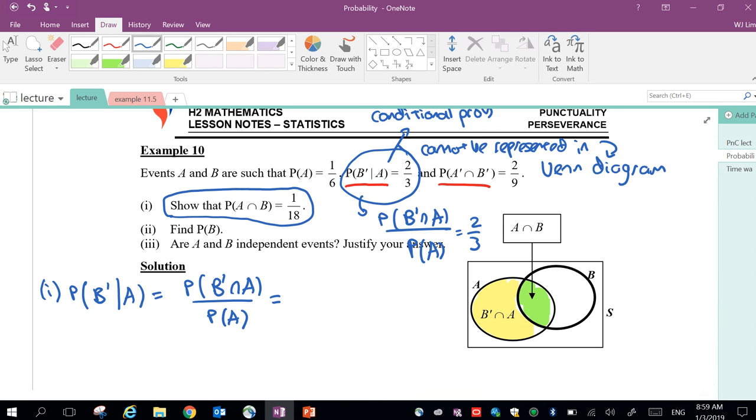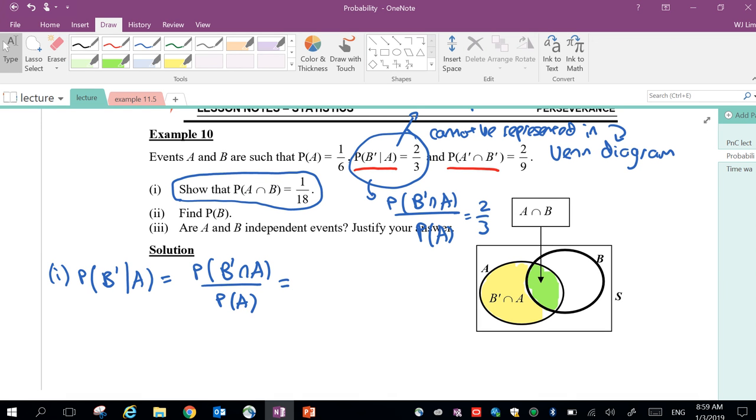So let's find what B prime intersect A is first. So this 2/3 is equal to probability B prime intersect A divided by 1/6.